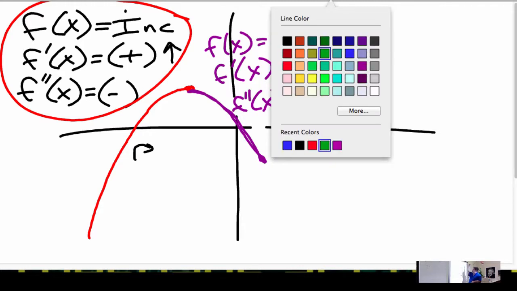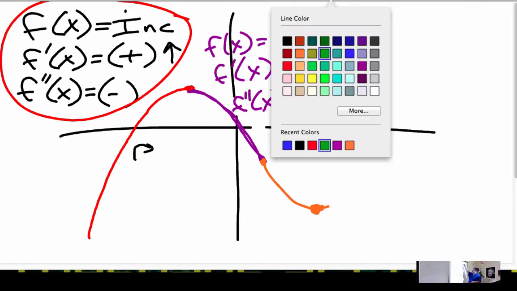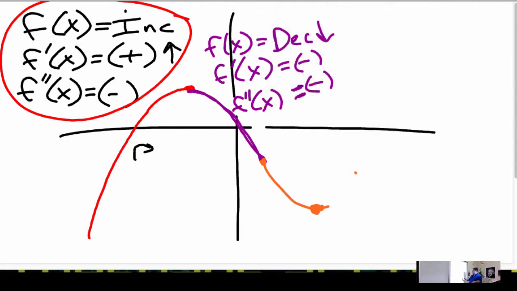Okay, you guys with me so far? Yeah. All right, let's choose a different color, orange. Now from here to here, what is my function doing? Decreasing. So it's still decreasing, which means it's going down, which means f prime is negative, right?